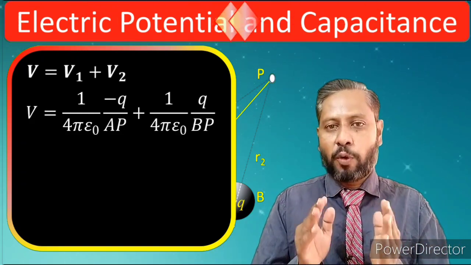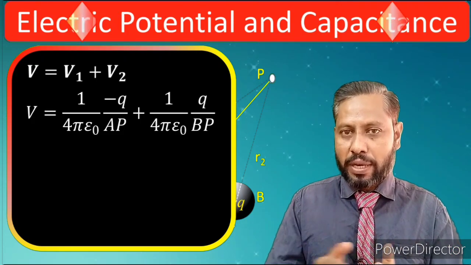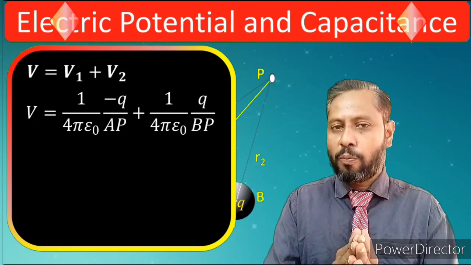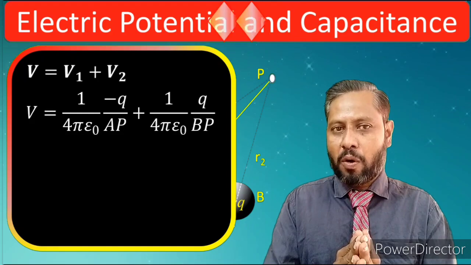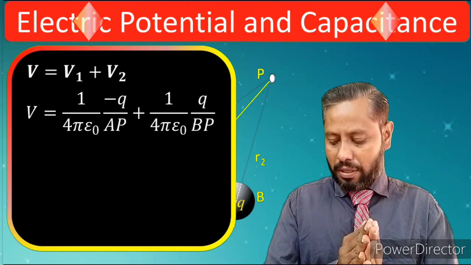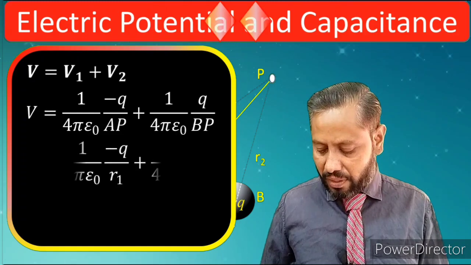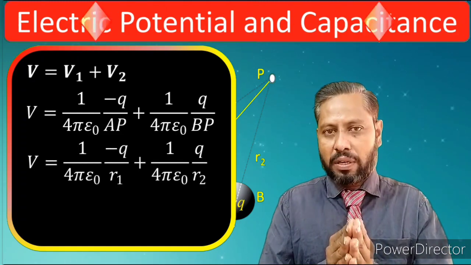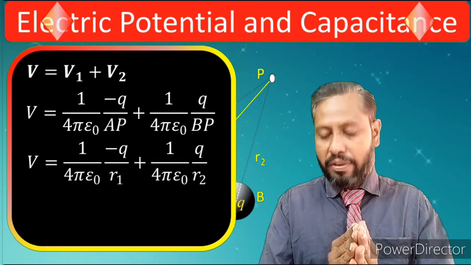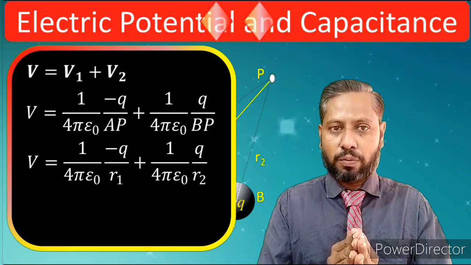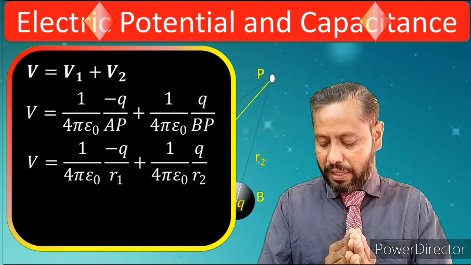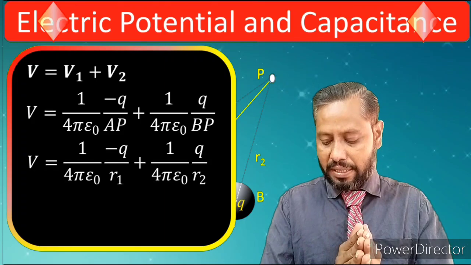And V2 is due to the positive charge, so we write 1 upon 4 pi epsilon 0 into q upon BP. Let's write the values of AP and BP further. The value of AP is r1 as shown in the diagram, and the value of BP is r2.